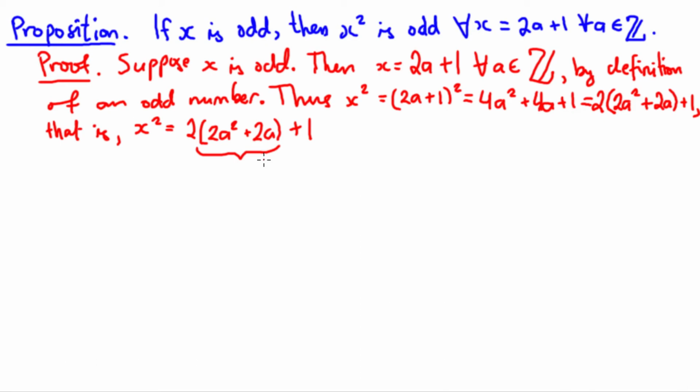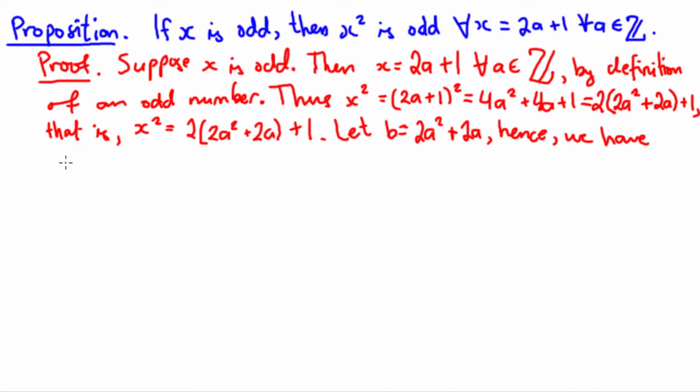Let's make it b to make it simple. Let b be equal to 2a squared plus 2a. Hence, we have x squared is equal to 2b plus 1, where b is equal to 2a squared plus 2a for all a in the integers.